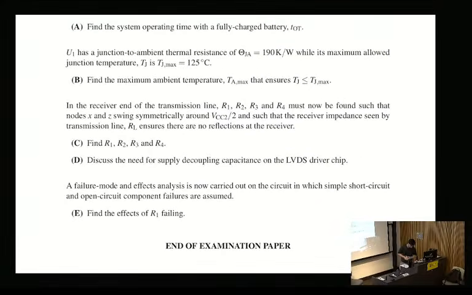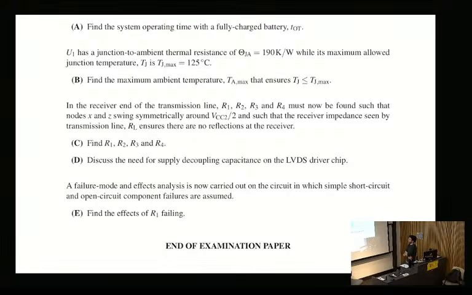So part C. In the receiver end of the transmission line, R1, R2, R3, and R4 must now be found such that nodes X and Z swing symmetrically around VCC/2 and such that the receiver impedance seen by the transmission line RL ensures that there are no reflections at the receiver. With a question like this that says so many things, I like to break it down into each condition it's asking for.